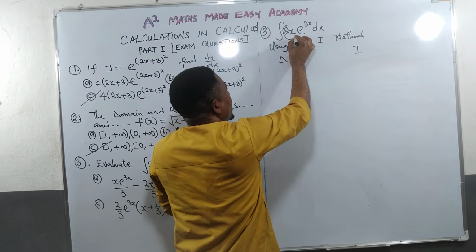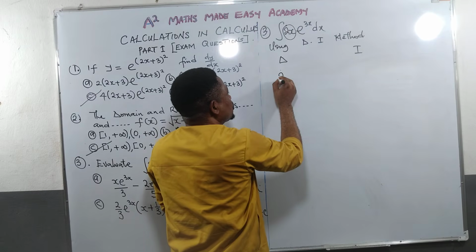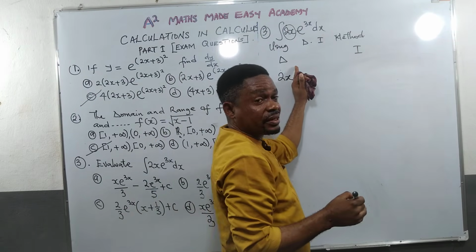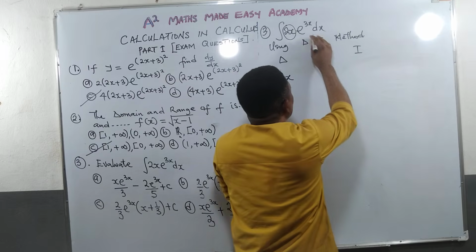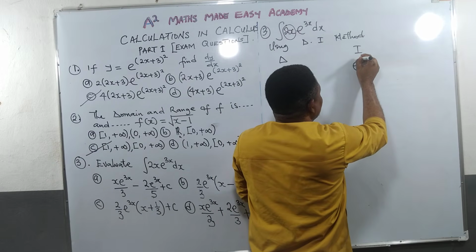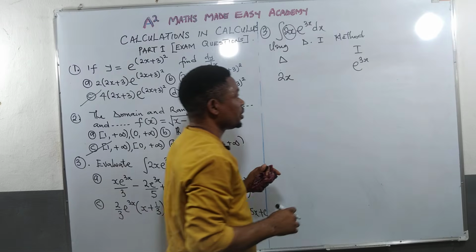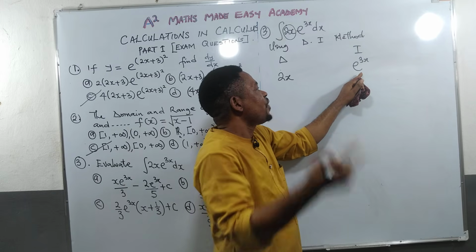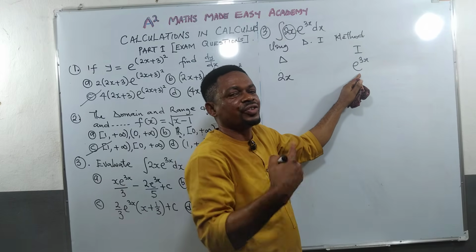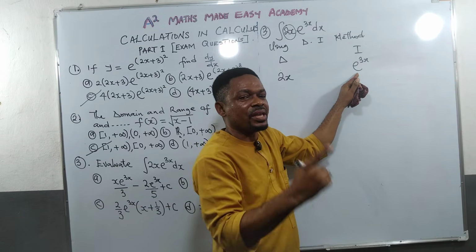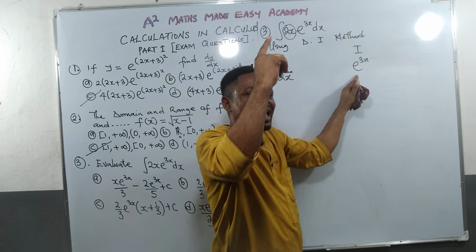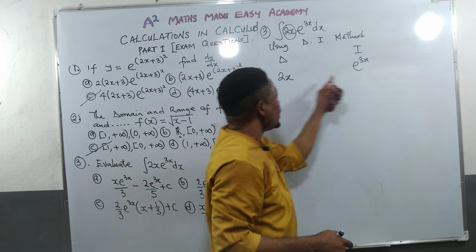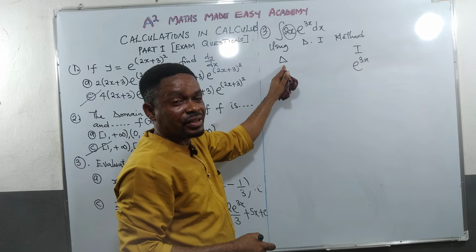It is 2x. So I will consider 2x as differentiation, while the other one, which is exponential, I will consider as integration. Do you know why? If I differentiate expo, it will keep on reoccurring. If I integrate expo, it also keeps on reoccurring. But the only variable here that we can differentiate and at the end it will change to 0 is 2x. That is why I gave it D.